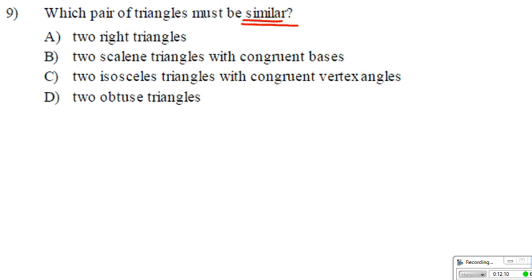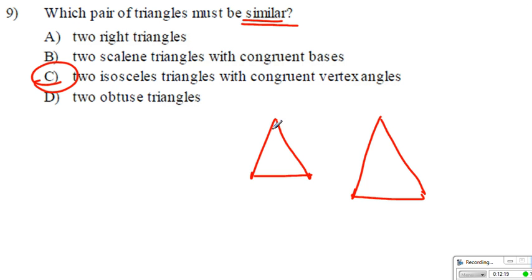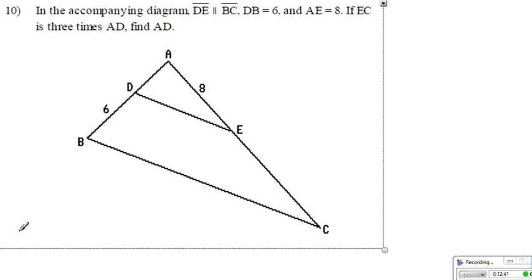In fact, the correct answer will be choice C, because in isosceles triangle, if this angle is congruent to this angle, while this angle must be congruent to this, that means the other remaining angle must be also the same as these. You can use an example by substituting particular vertex angle, and you will realize that base angles must be always the same. Alright, number 10.